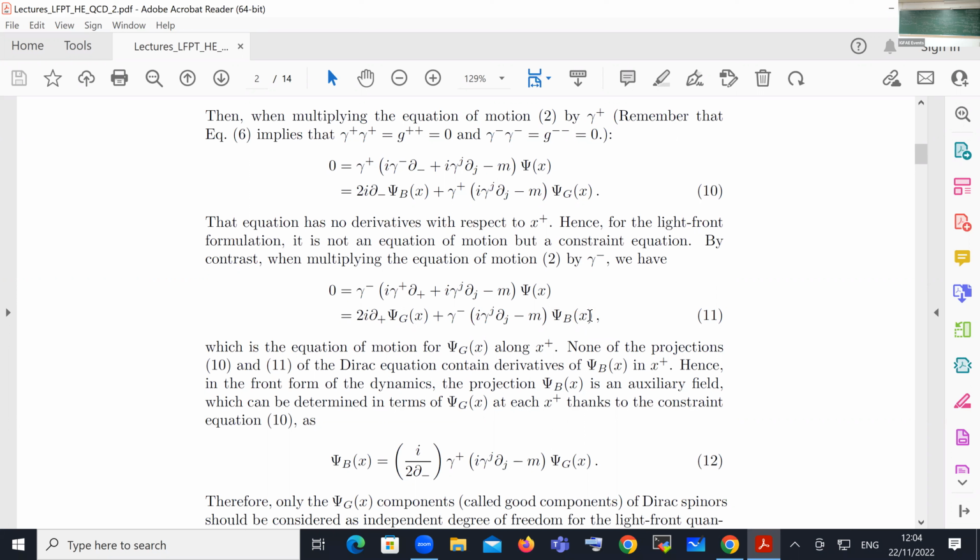We can also do another formulation of light front where we take instead minus as an evolution variable, and then that would be reversed. But here, if we choose to describe evolution along the plus direction, then we are forced to have a psi good as a dynamical component. That's kind of an arbitrary choice, but it is fixed once you choose x plus as time. Yes.